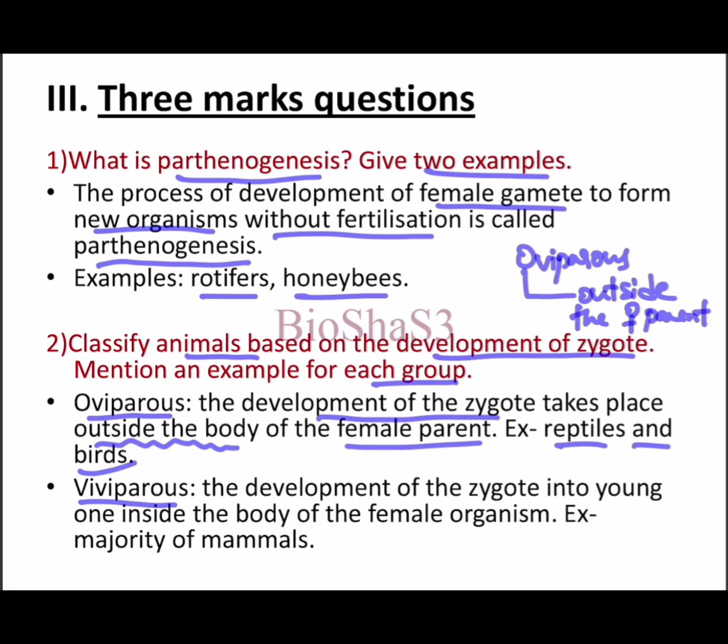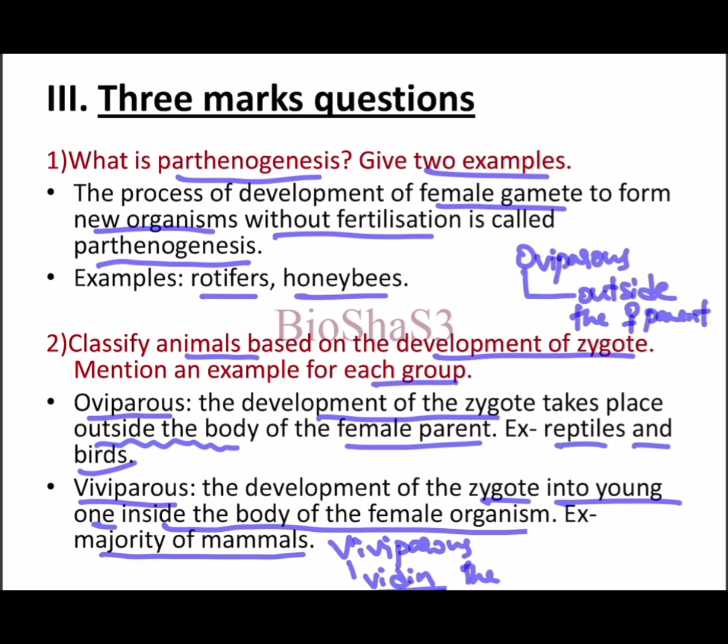Viviparous. So the development of the zygote into a young one inside the body of the female organism, for example majority of the mammals. So viviparous, within, remember like this, within the female parent, the young one will be produced and they will be given birth live.